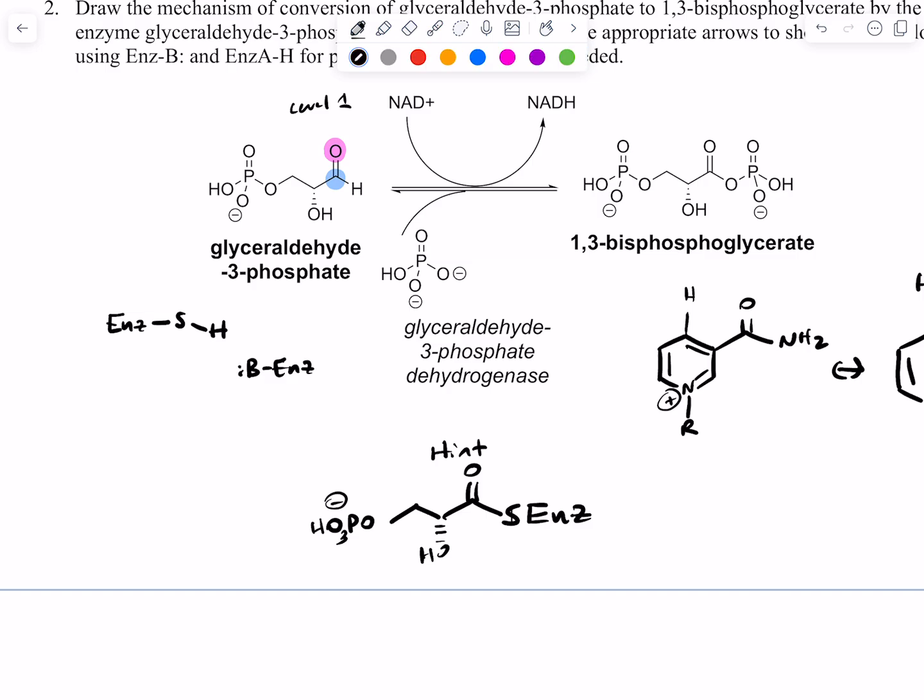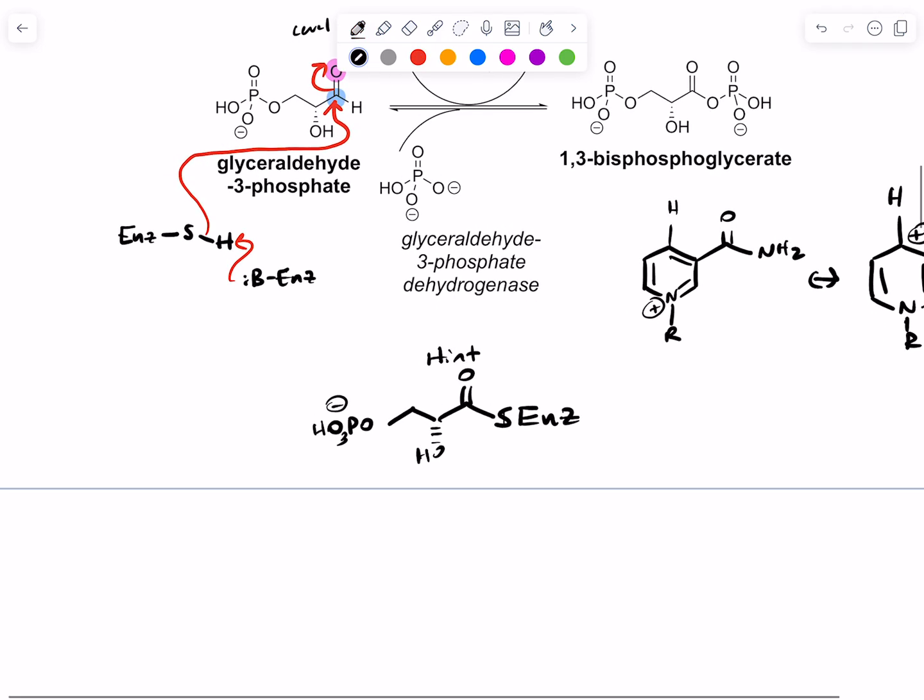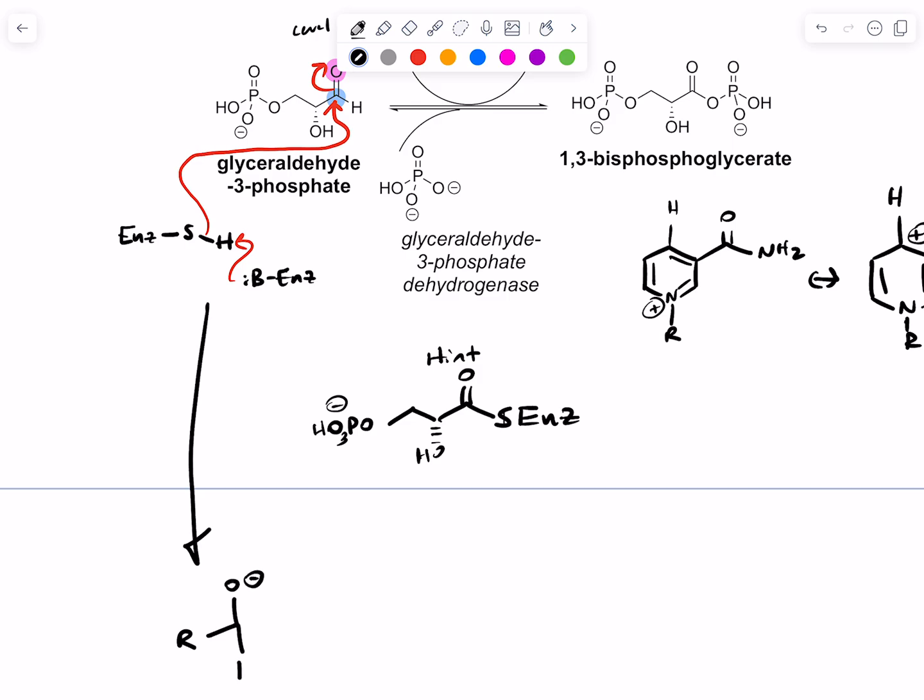Let's show what happens first. A base removes a proton from the sulfur so that it can be a good nucleophile and attack the carbonyl carbon, and then you get a tetrahedral intermediate. At this stage, I'll draw just the rest of the molecule as R, and you're welcome to do this too.